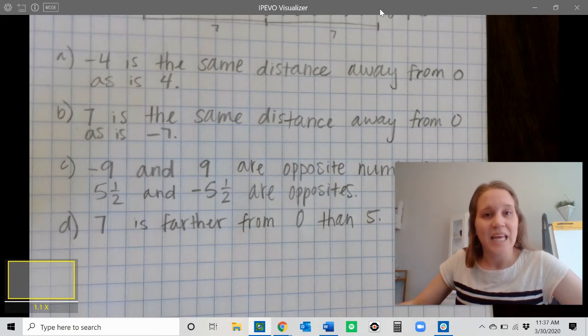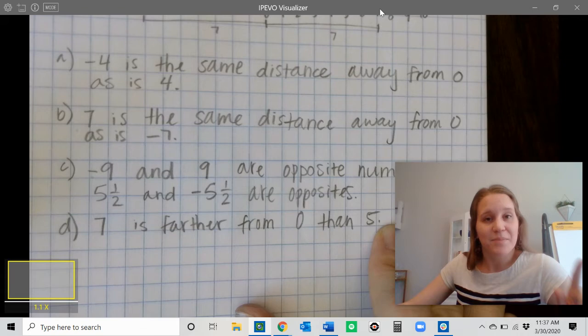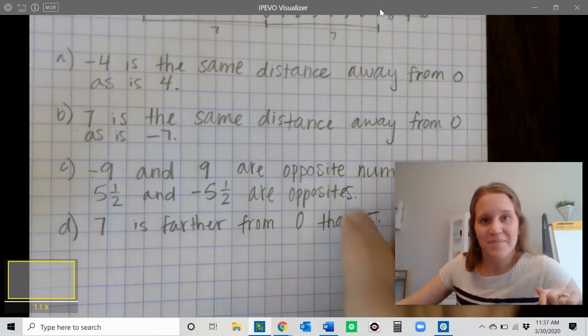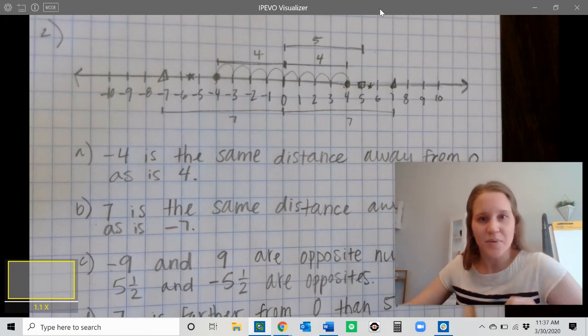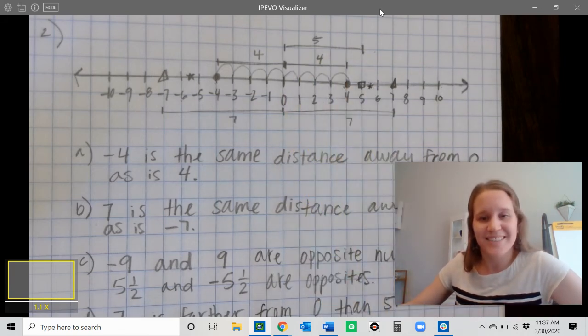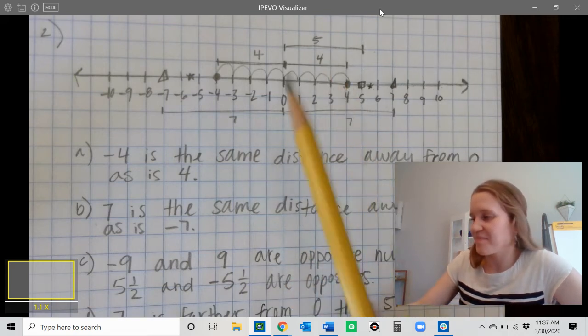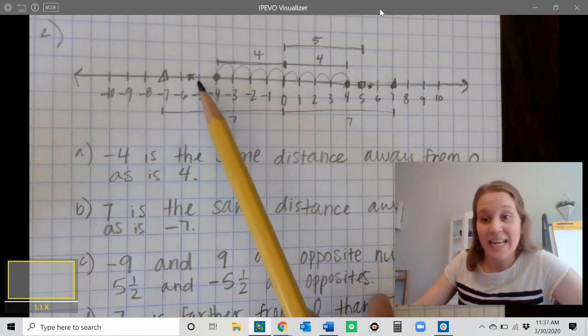Sweet. This question also asked us to find a negative number that was farther away from 0 than 5 was. So let's look at that. Can you think of a number, maybe a couple of examples, that are farther away from 0 than 5 is? I know that 5 spaces away from 0 would get me to -5.